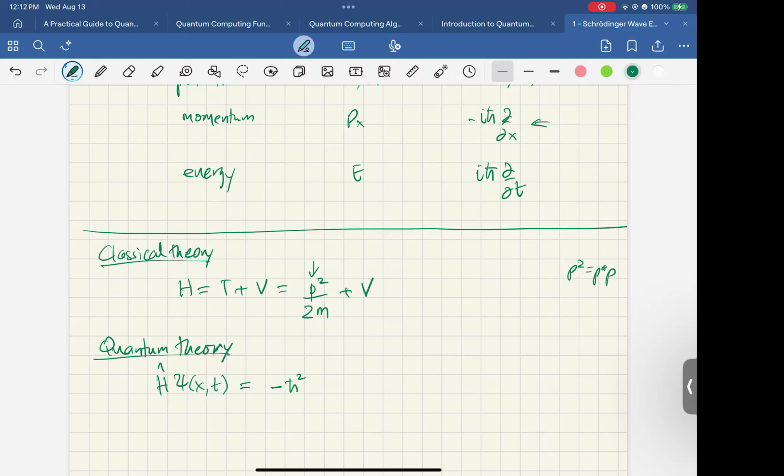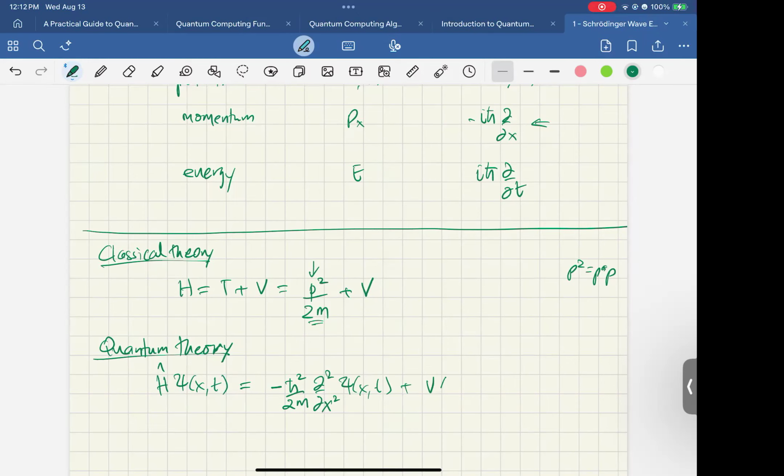And then we have 2m here, so over 2m, and then the second derivative, partial with respect to x, the second derivative of the wave function psi.